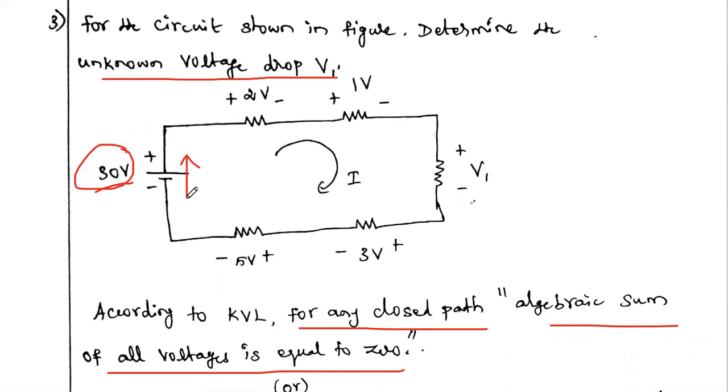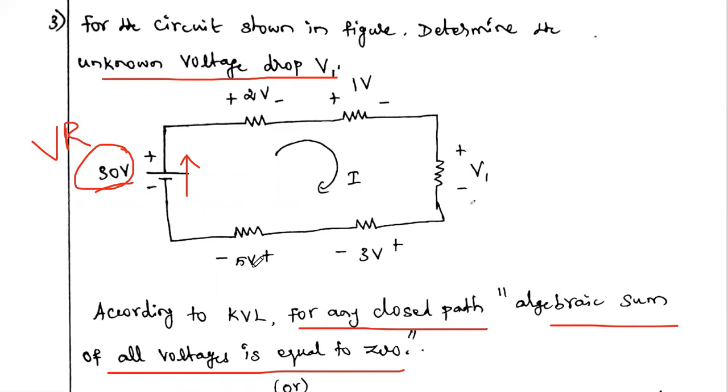What is the polarity of this 30 volt battery? Minus to plus. The potential is increasing from lower potential to higher potential, so this 30 volt is a voltage rise.